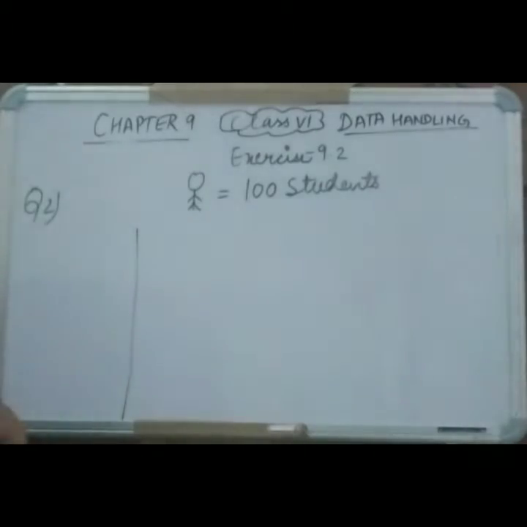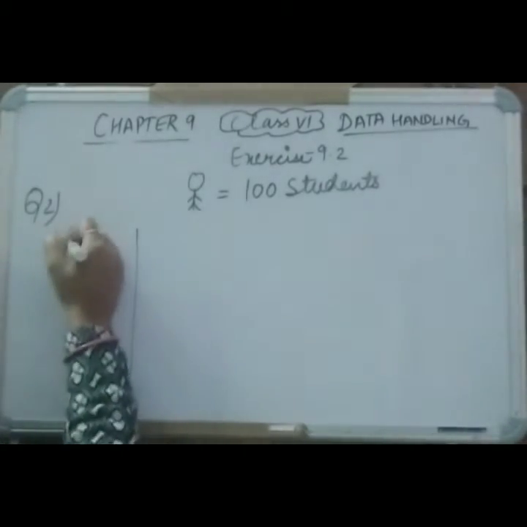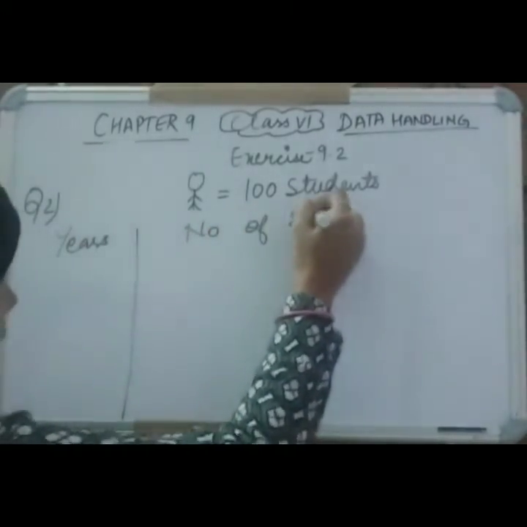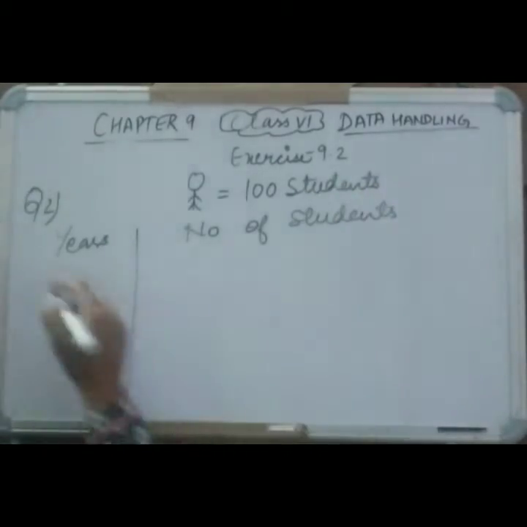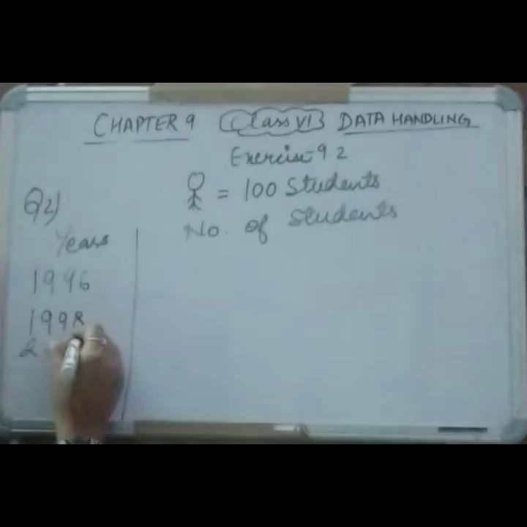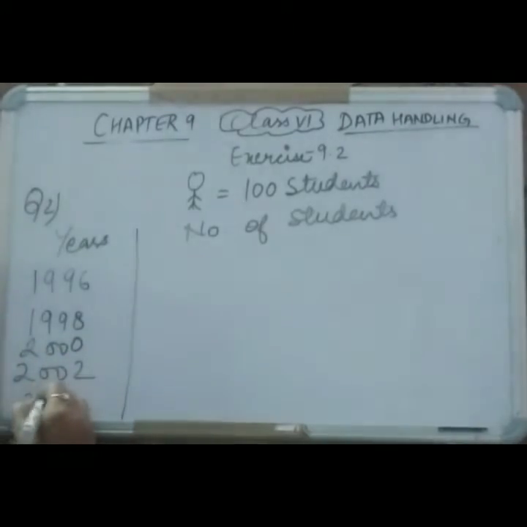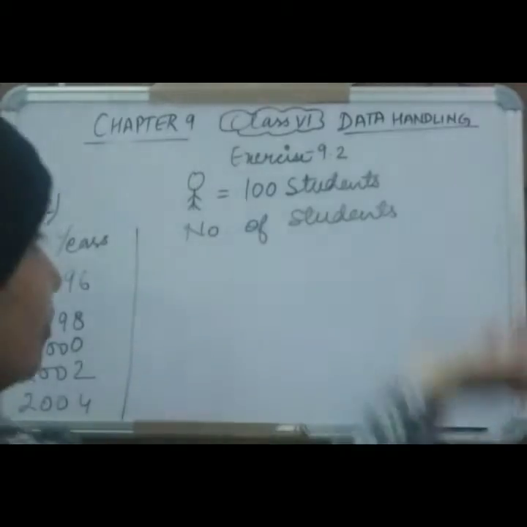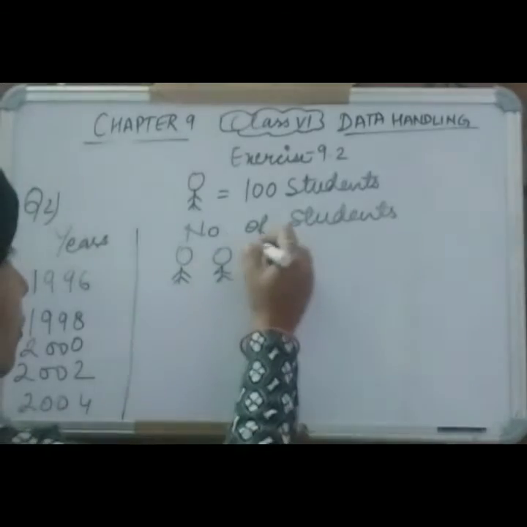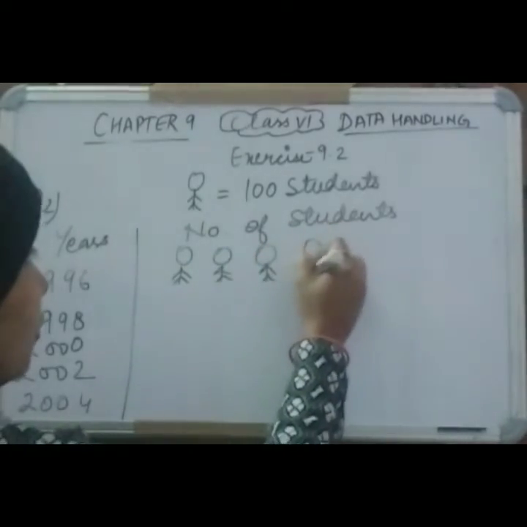Now we will make it. In the first year 1996, 1998, then 2000, 2002 and 2004, this is the number of students. Now for 1996, 400 is given, you divide it by 100, we get 4 symbols: 1, 2, 3 and 4.